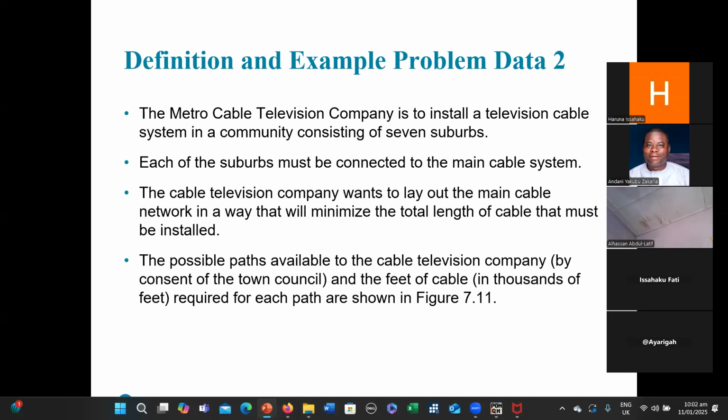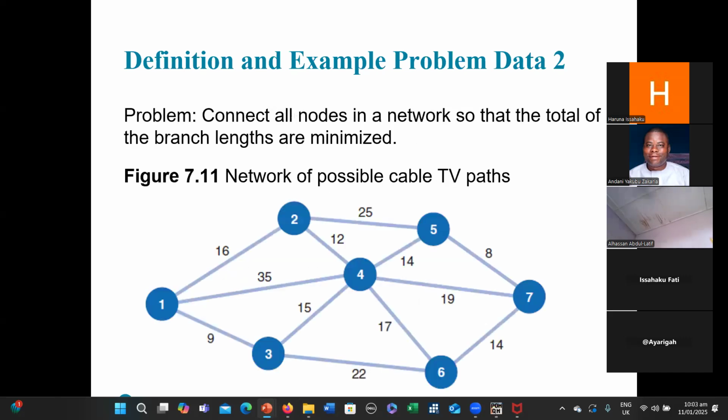So suppose that the paths that are available for connecting these communities using the cables are measured in thousands of feet. They are represented similar to the one that we dealt with.